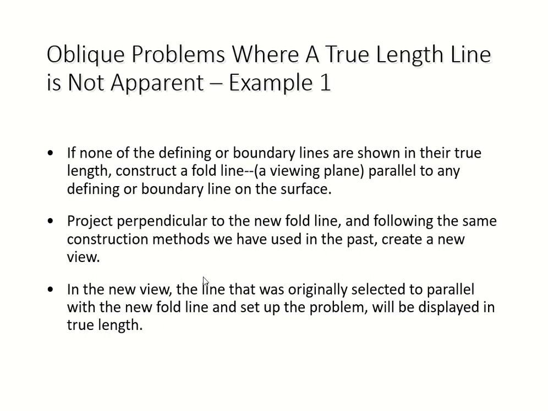Then you project perpendicular to the new fold line. This is about the same, only this part is different, so we follow the same construction method and then create the new view. In that new view, the line that was originally selected to be parallel to the new fold line is going to be displayed in true length. So let's take a look at how this approach works.